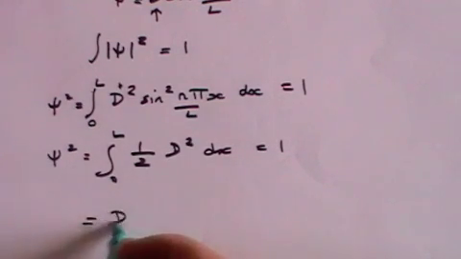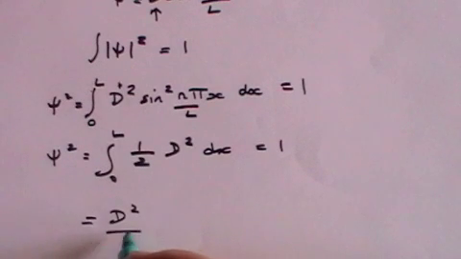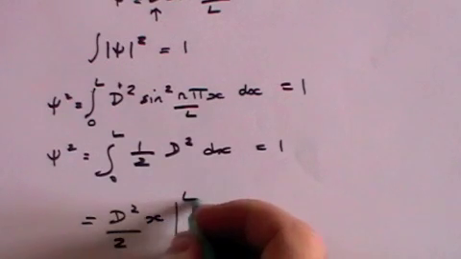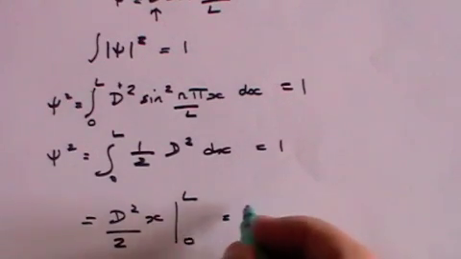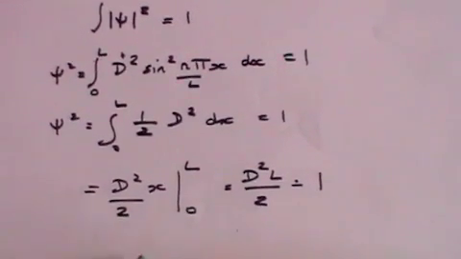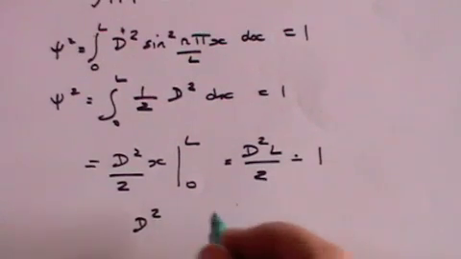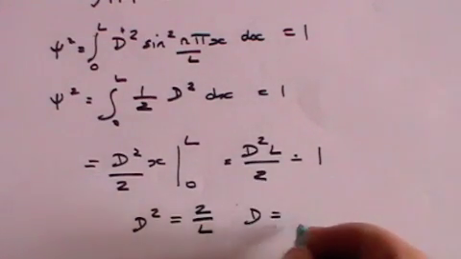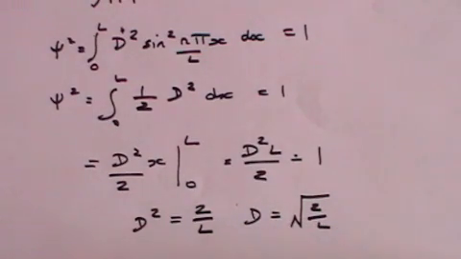And that equals D squared over 2 times x evaluated from 0 to L, which is D squared L divided by 2. And that must equal 1. Consequently, D squared equals 2 over L, and D is the square root of 2 over L.